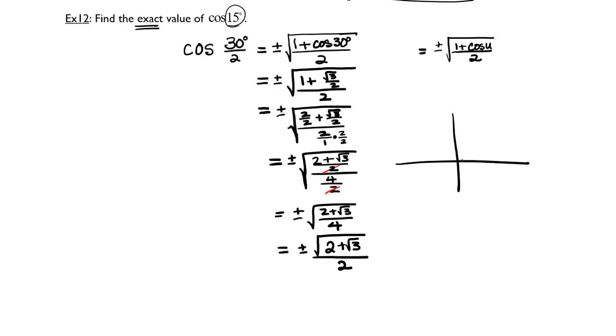If we think of 15 degrees, that is in the first quadrant, and since it is cosine, we know that cosine is positive in quadrant 1. So we will take the positive sign in front and throw out the negative. This gives me the square root of 2 plus root 3, all over 2.